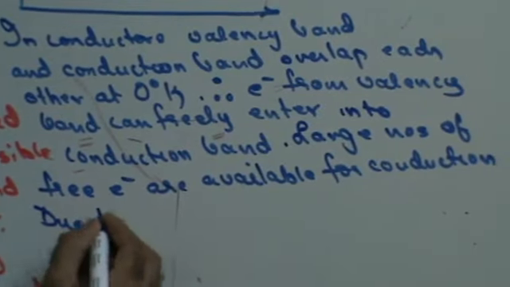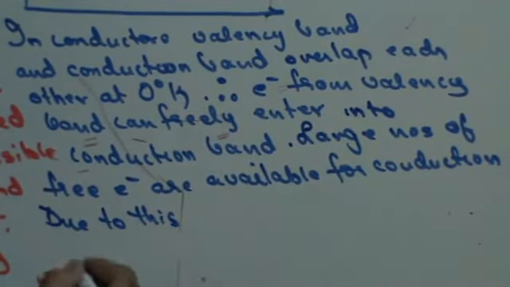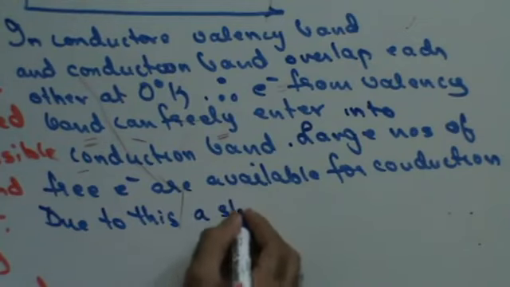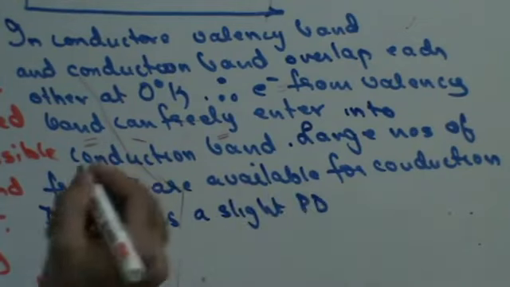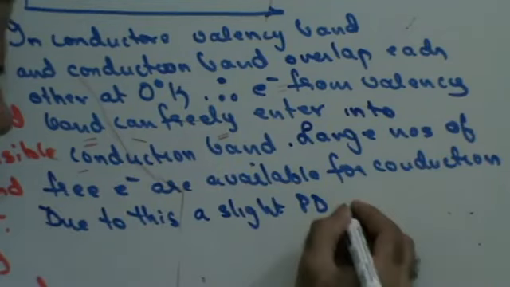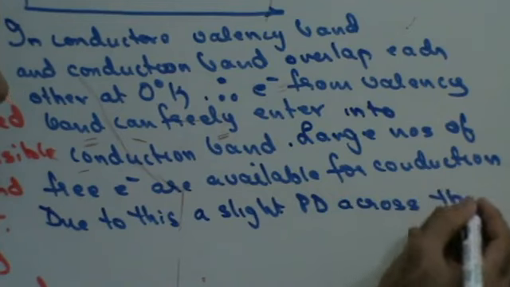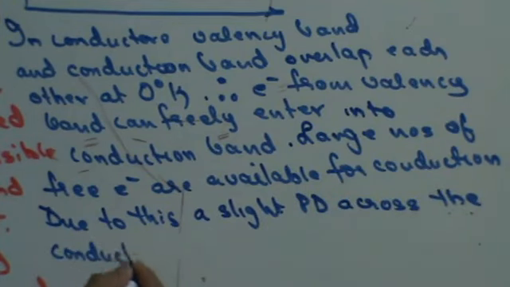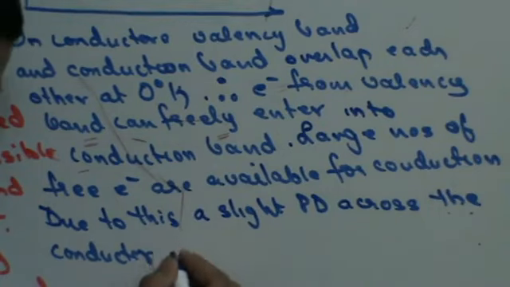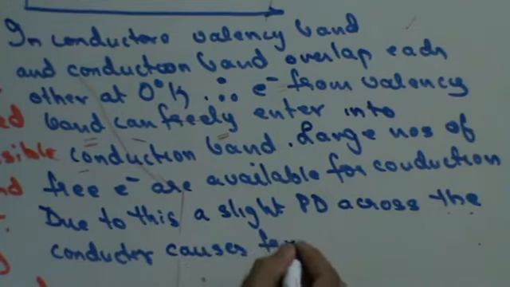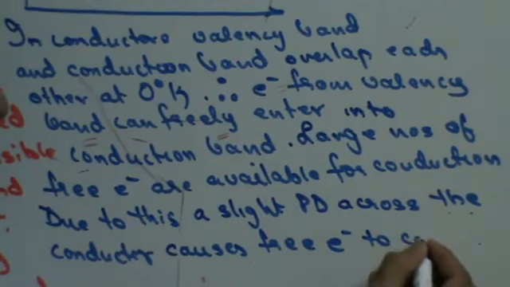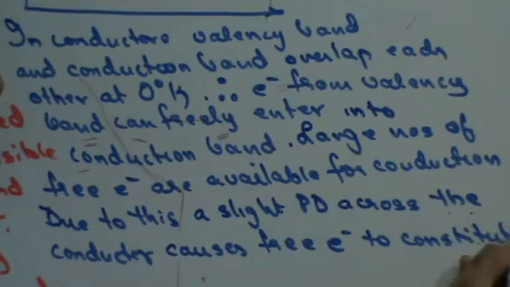Due to this, a slight potential difference across the conductors causes free electrons to constitute electric current. Right? So these are conductors.